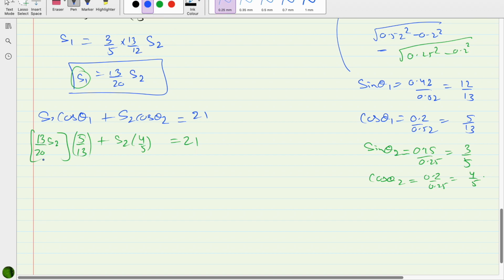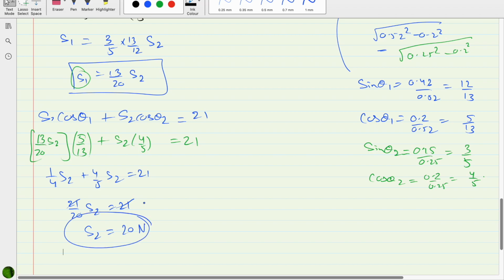The only unknown in this line is S2. So 13 by 20 into 5 by 13 is 1 by 4 of S2, plus 4 by 5 of S2 equals 21. So 21 by 20 of S2 is equal to 21, and S2 is equal to 20 newtons.